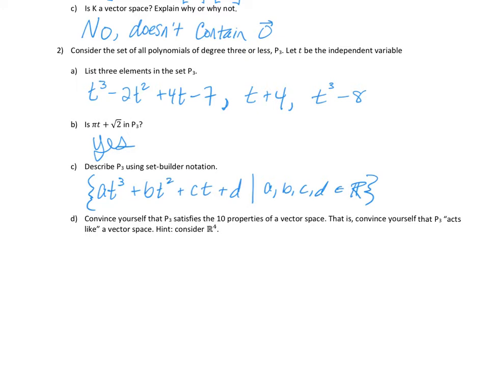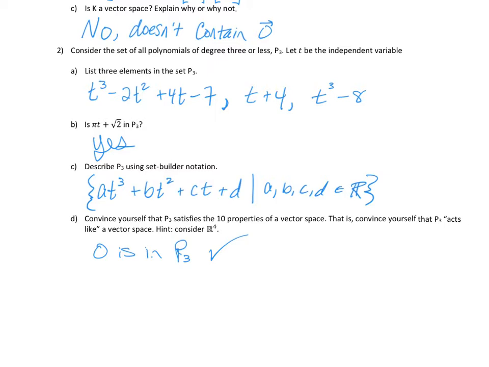In this case, we could let A, B, C, and D all be 0 because 0 is a real number. So you can choose all 4 coefficients to be 0 and you get 0, which is in the set. So 0 is in P3. Check.